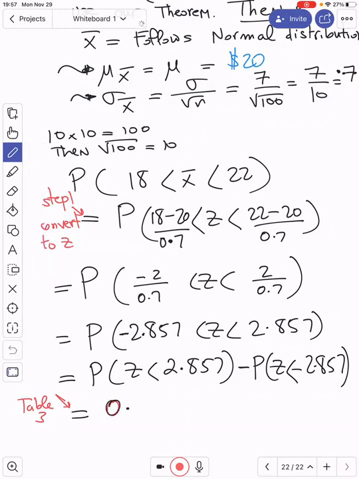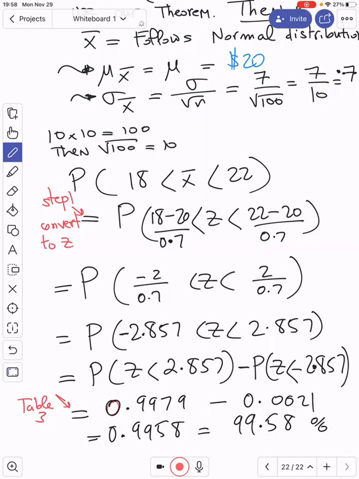So this is 0.9979 minus, now negative, this is -2.85, right? So here Z is negative, it's -2.85. So nearest 10th is -2.8, nearest 100th is 0.05. So I think this is 0.0021. So then the difference is 0.9958. In other words, that's 99.58%.